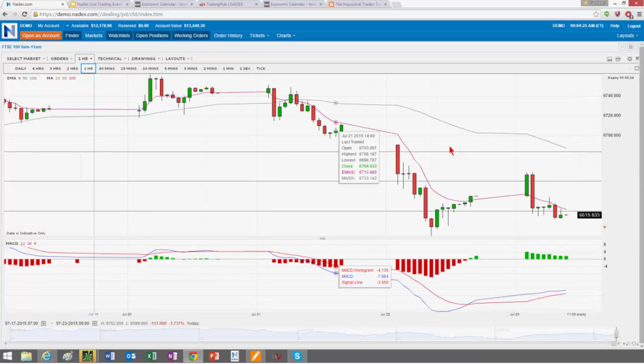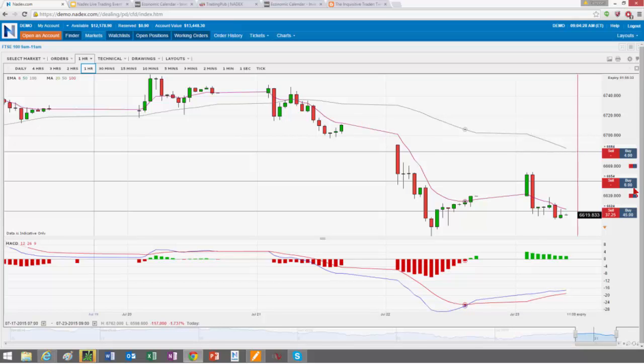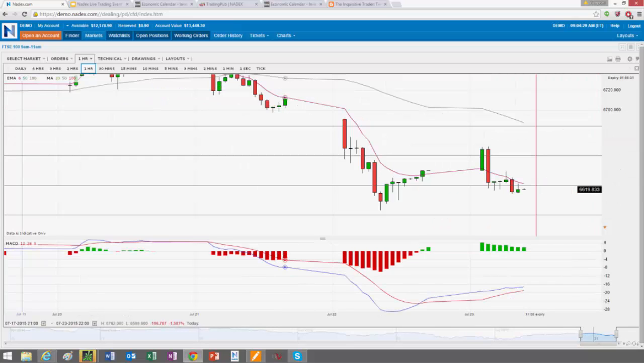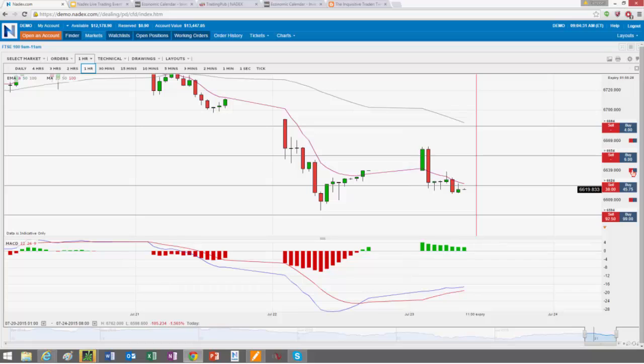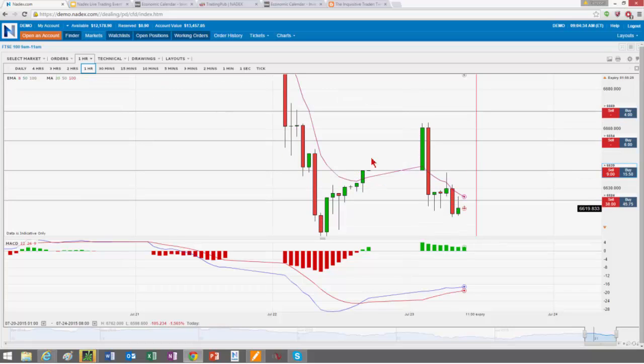Where did we go? Here's the hourly chart for the FTSE. I need a good name for this strategy. It's the 9 o'clock to 11 FTSE strategy, the FTSE 100 strategy.